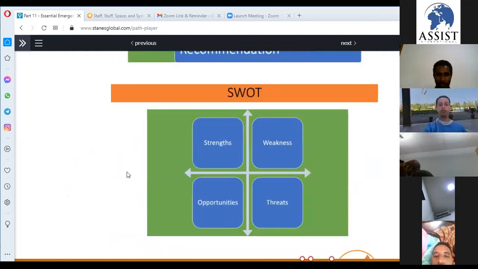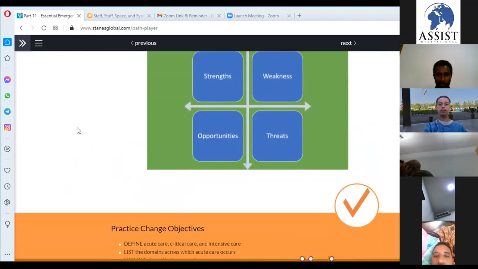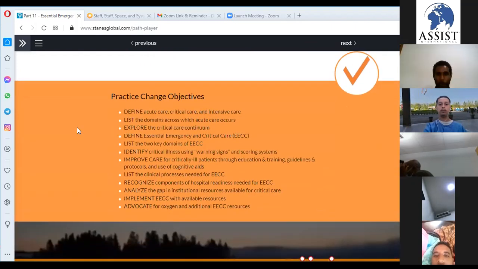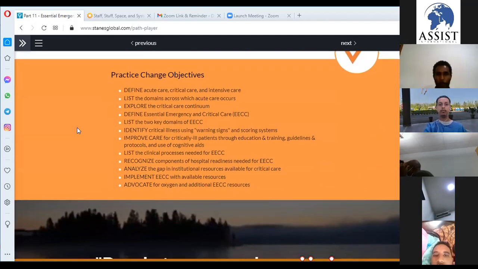Or you can use the SWOT analysis: strengths, weaknesses, opportunities, and threats in your institution to establish this system. And finally, hopefully you will establish an effective essential emergency critical care system in your setup with available resources in your place. That's the message.